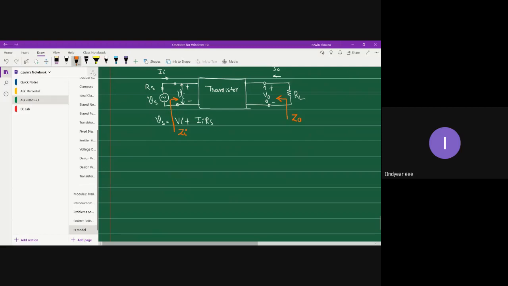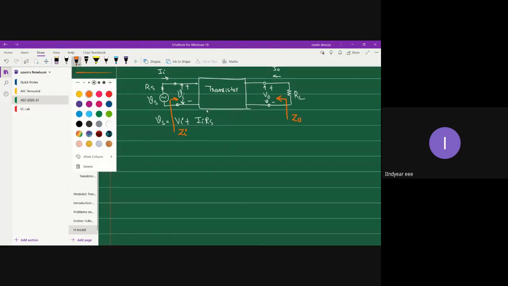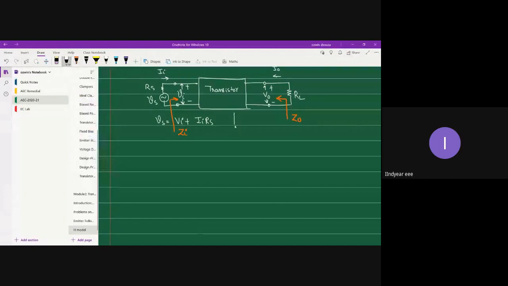Let's see how exactly we do it. Let us replace this transistor, this black box, with the h model. I will consider the exact h model, because approximation is very easy. You can neglect hr, hf, ho terms, and you can get the approximate h model. The rest, let us retain the same. So let me quickly construct the exact h model.